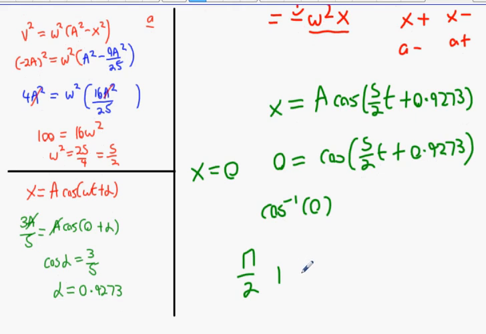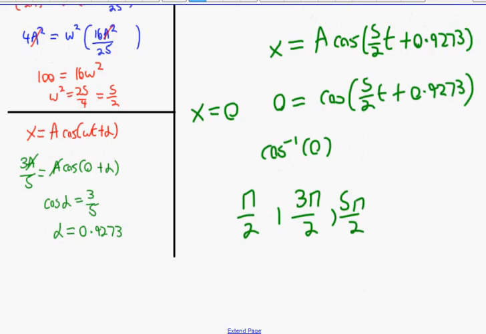Plus pi, because it'll also be 0 at 3 pi over 2 and 5 pi over 2. In layman's terms, 90 degrees, 270 degrees, and 450 degrees. Cos is always 0. You wanted the first value, didn't you? The first value in line is pi over 2.